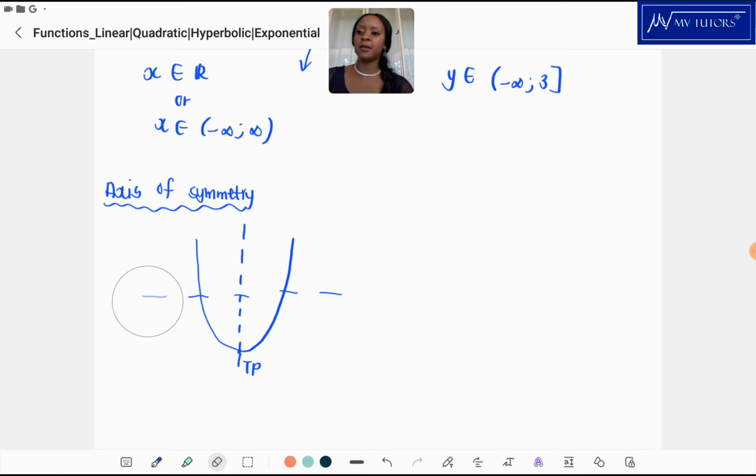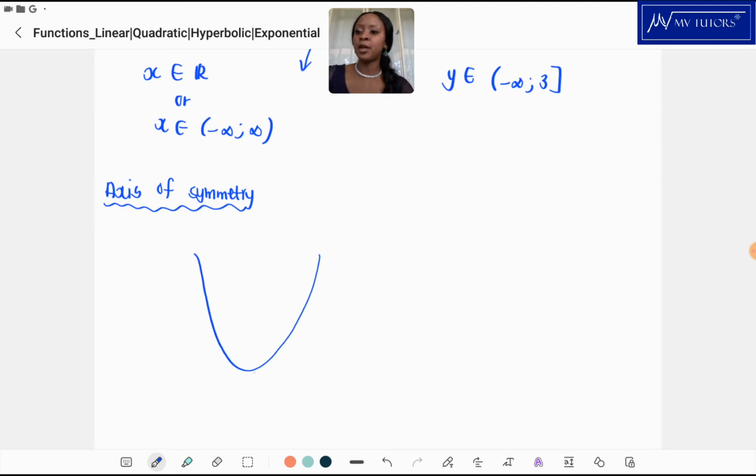If they were to say, give us the equation of the axis of symmetry, you have your function over there, and you know what your turning point is. Maybe let's say you have your turning point at 1 and minus 5. And they are asking, what is the equation of your axis of symmetry? That's basically looking at the x value.